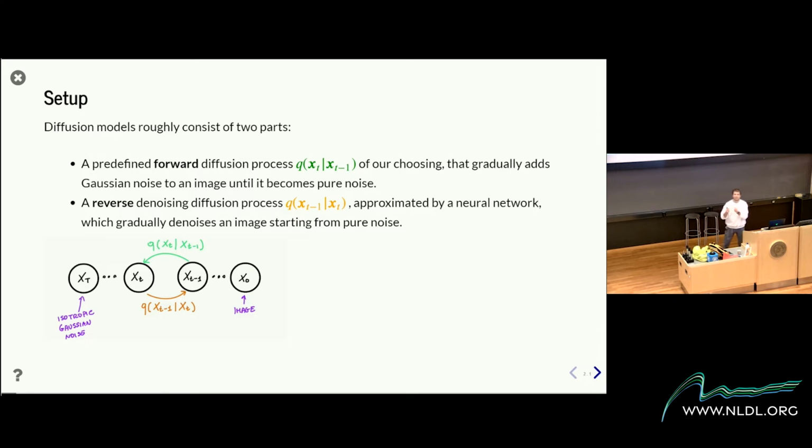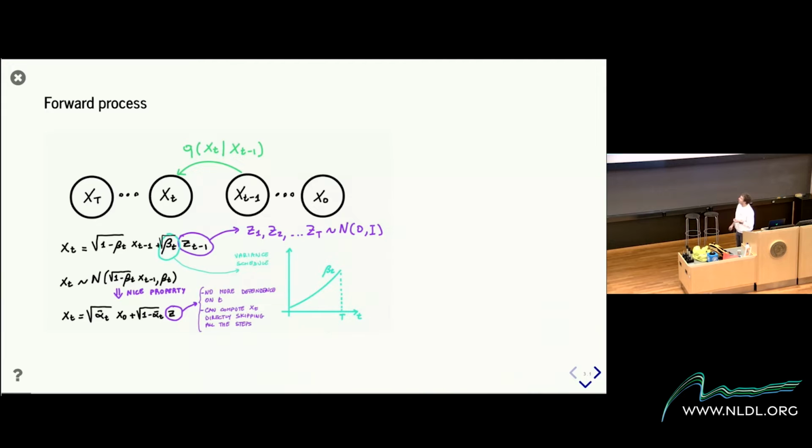So we switched the x_{t-1} and the x_t. Basically, here we start from pure isotropic Gaussian noise, and we gradually go back until we recover our image. So let's break these two processes down in detail.